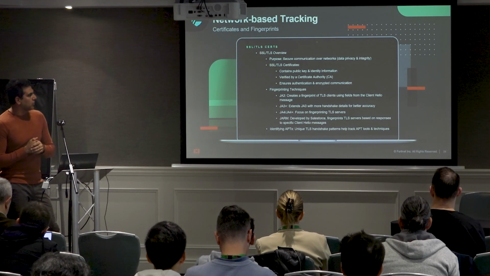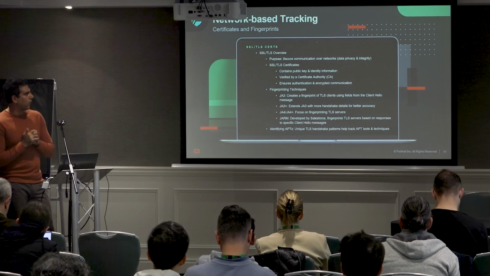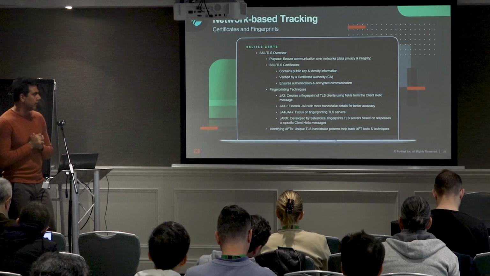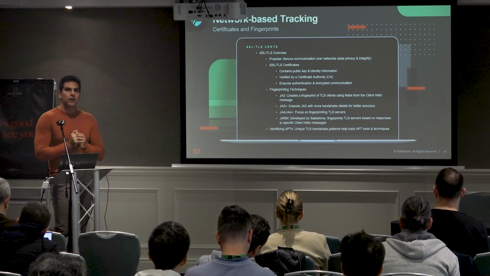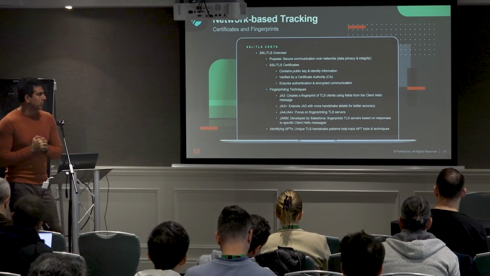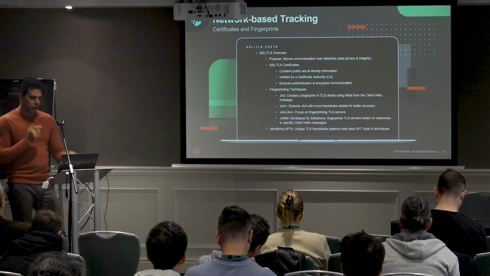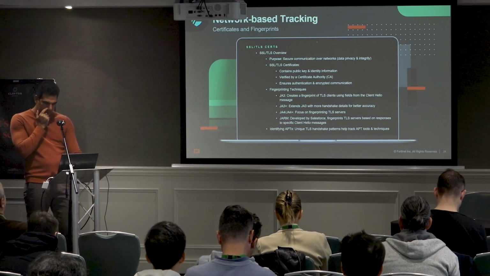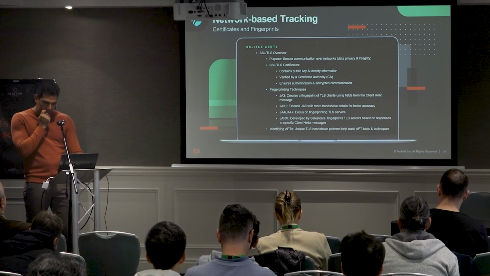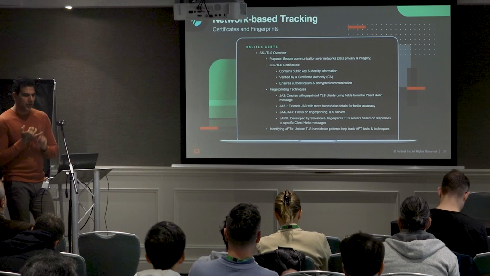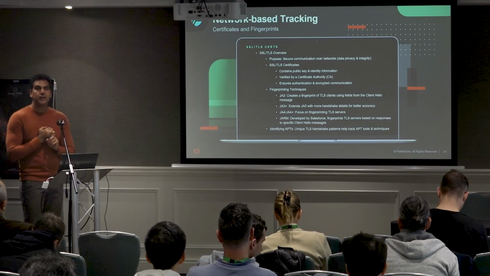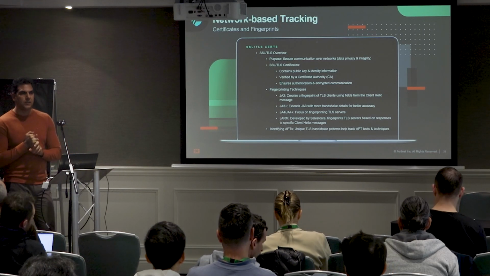JA3 and JA3+ focus on identifying malicious clients, and they use specific information to generate a fingerprint. In JA3, they use information such as cipher suites, SSL version, and extensions to generate the fingerprints.